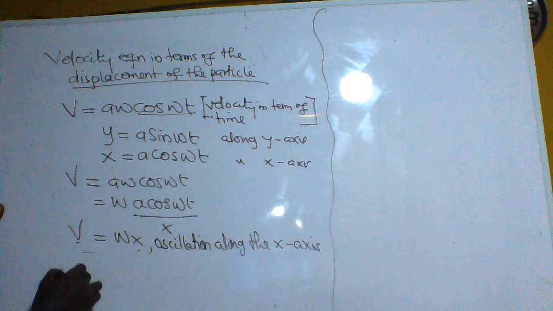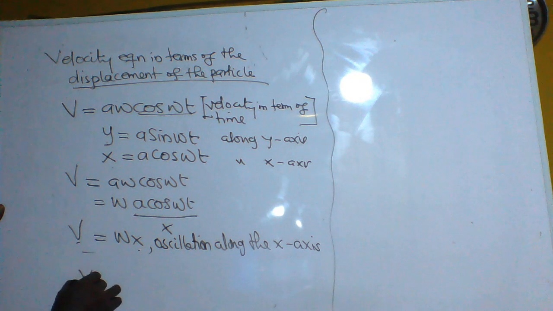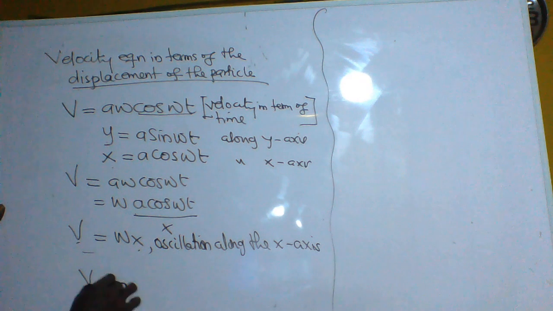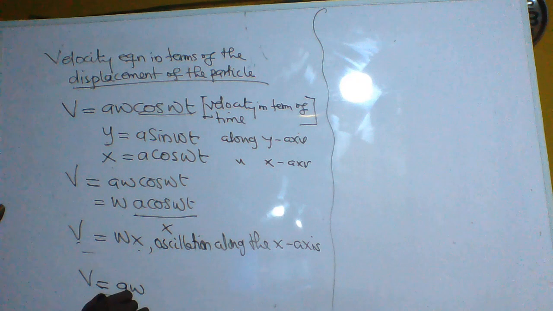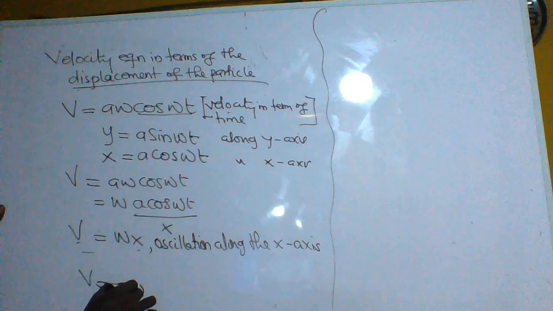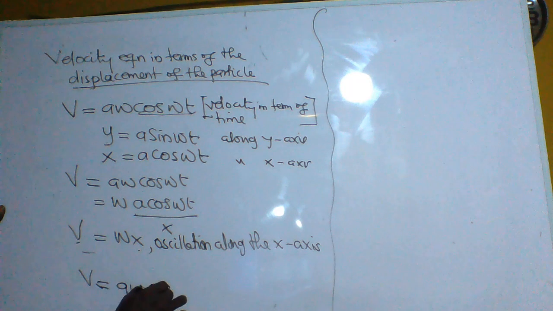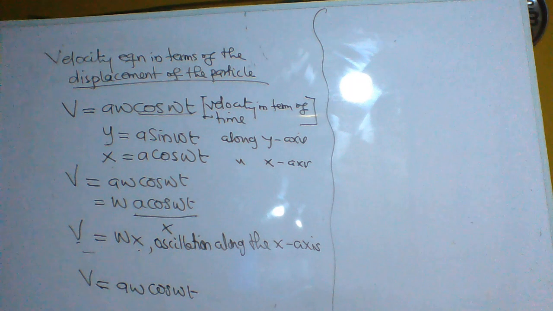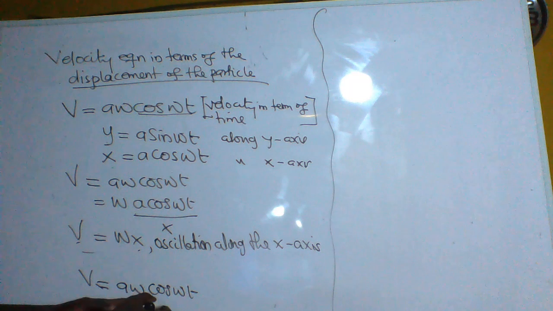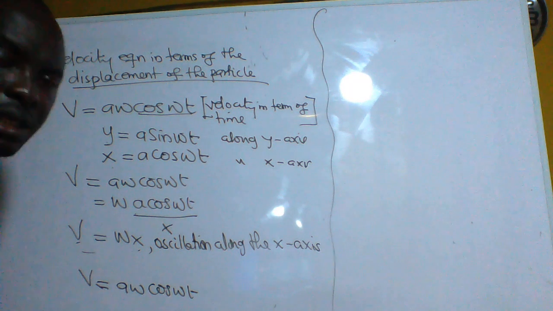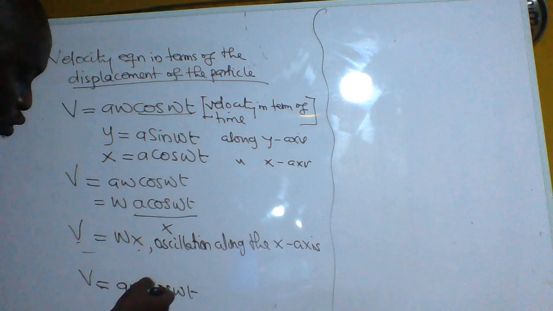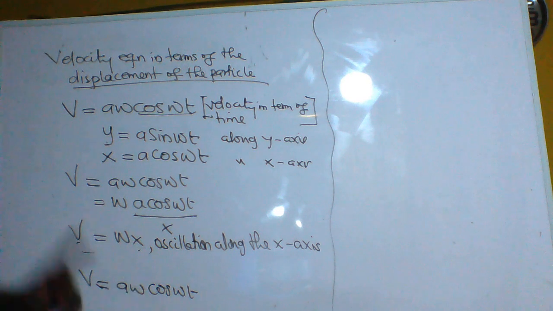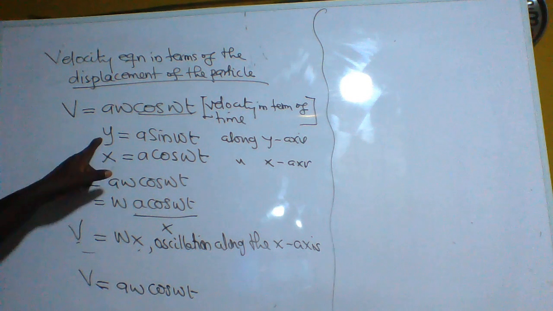We have v is equal to A omega cos omega t, and we want to express this cosine function in terms of sine, so that we can substitute our y.